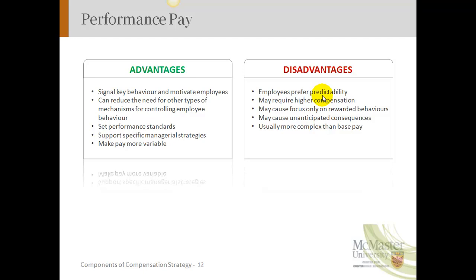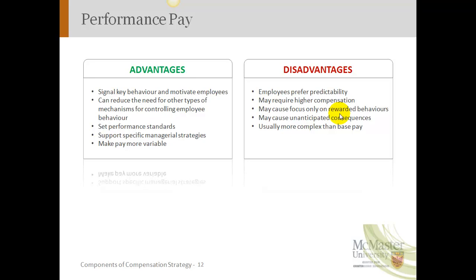But companies have to think about what they're going to offer employees if they see that this could be a key disadvantage. It could require higher compensation, especially if you've got high achievers. It may only focus on rewarded behaviors. So say, for example, you said to a salesperson, you got to increase your sales of the existing products by 25%, and we want you to increase sales of brand new products by 50%.